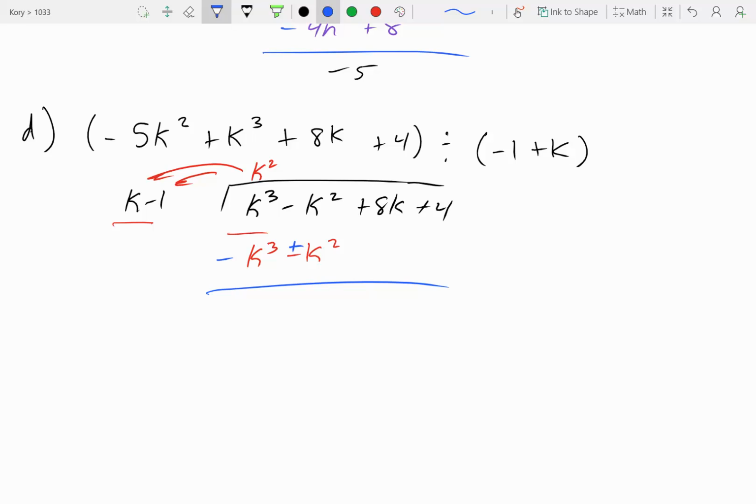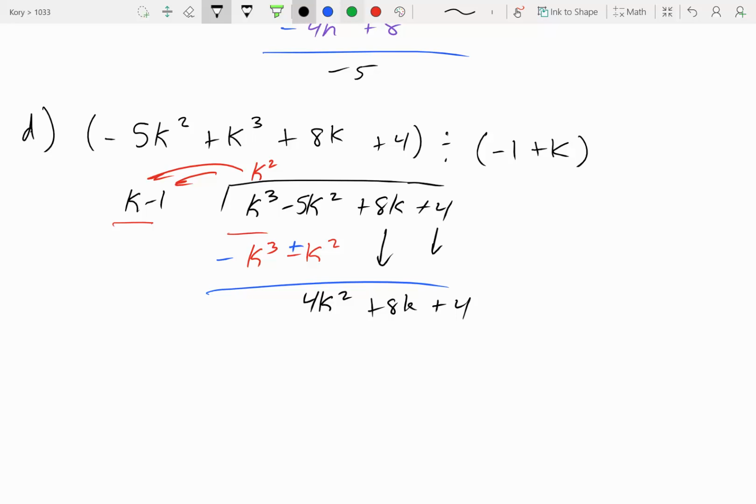Oh, I forgot a 5. Rewind. So the k cubes cancel out, and then we have negative 5k squared plus k squared. So we're left with negative 4k squared. And we're going to bring down the rest. So plus 8k plus 4.